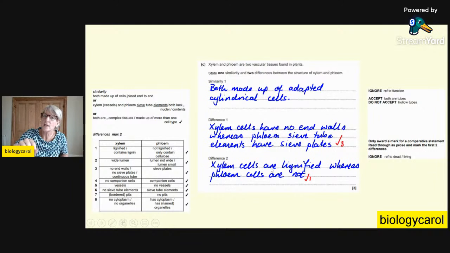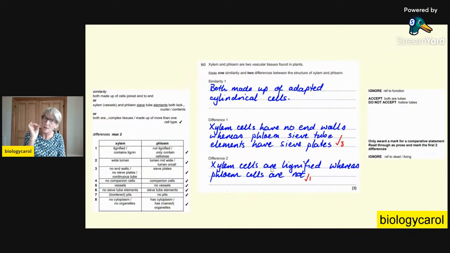Notice that for each of these differences, here's a really classic thing to remember in terms of how to answer these questions. If you're ever asked to compare two things or say the differences between two things, always say what both of them are like regarding one particular feature. So here I was talking about the end walls: no end walls in xylem, sieve plates in phloem.